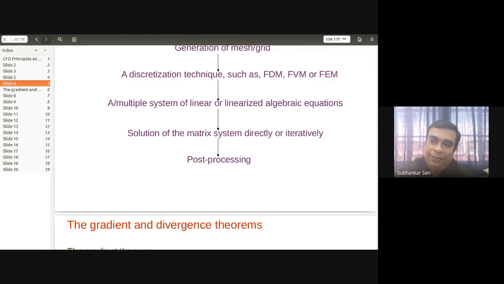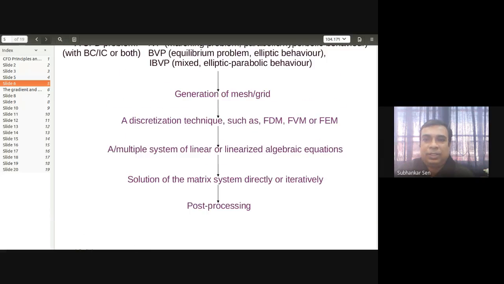Similarly, if you have the velocity and pressure distribution, you can calculate the normal stresses, the shear stresses, the drag force, lift force, the moment, etc., from the data obtained from the momentum equations. So this step is known as post-processing. This is briefly the outline of a CFD solver.